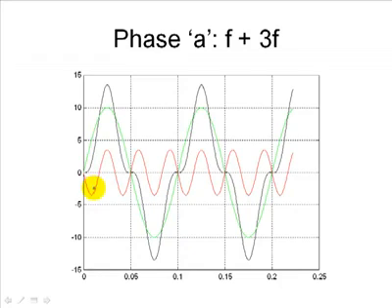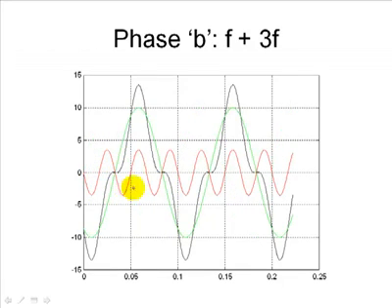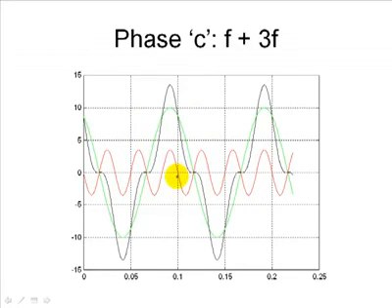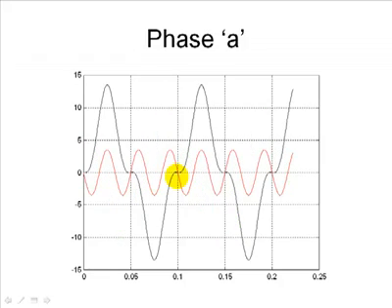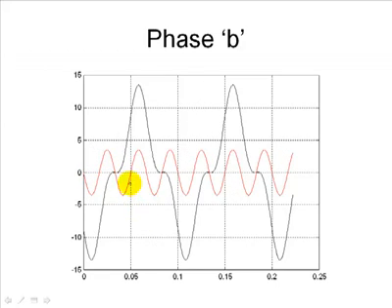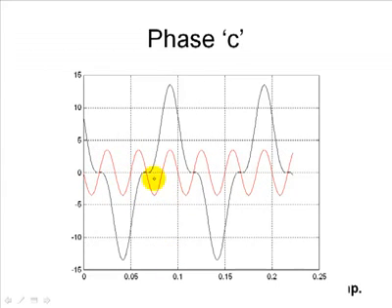Actually, the triple frequency component of phase A, of phase B, and of phase C have the same magnitude and the same phase. Interesting. Again, looking only at the triple frequency component for phase A, for phase B, and for phase C. Those three currents have the same magnitude and the same phase.